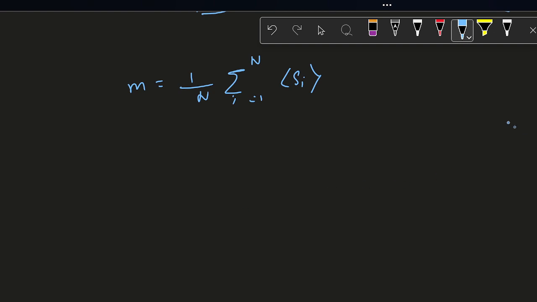Now if the Hamiltonian in the previous general case is like this, as it's written, minus B sum over i s_i, then your del E by del B, this derivative, becomes minus sum over i s_i simply.